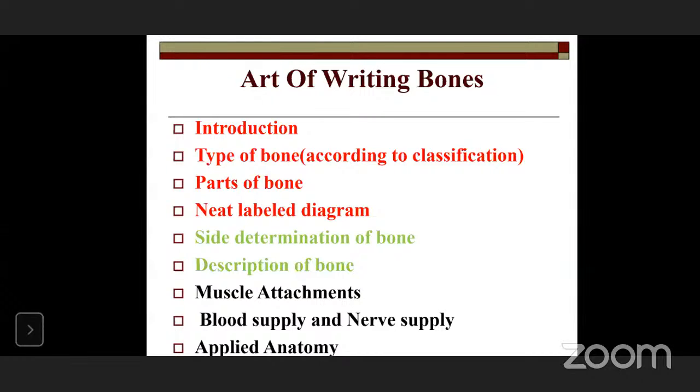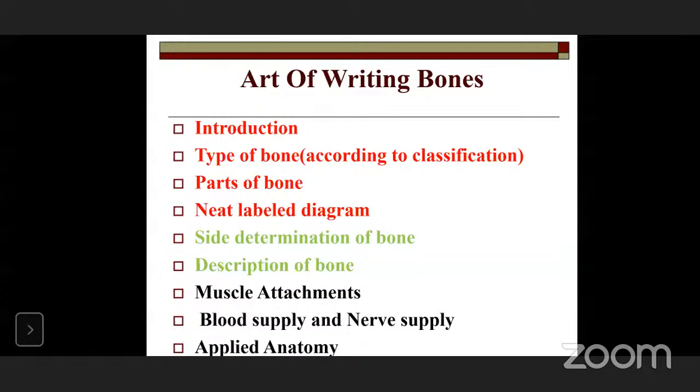Then the neat labelled diagram is also very, very important. Why? Because no one will have time to read your theory paper. So the first impression will be the neat labelled diagram with all the parts. The examiner will see the diagram and understand the level of your understanding and how thoroughly you know this bone.